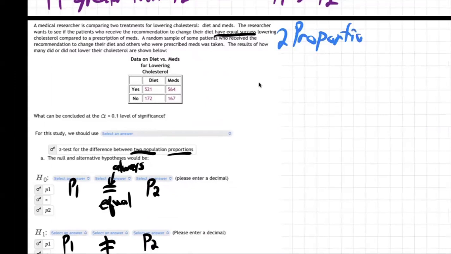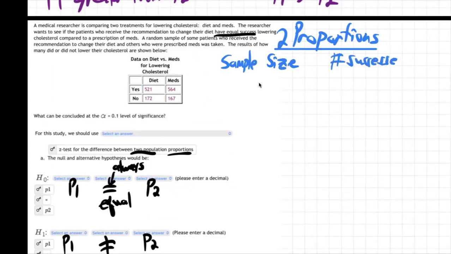When you go to the online calculator for two proportions, it's going to say sample size and number of successes. And then over on the side, it's going to say first group, second group. Got to put those in.